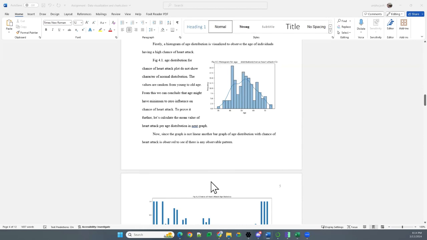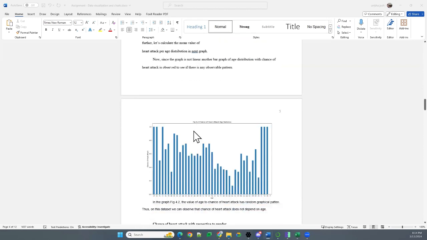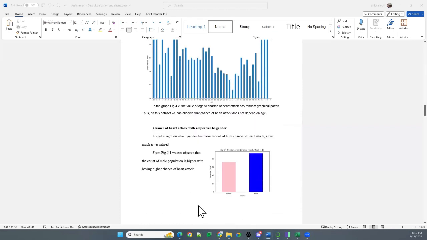To be clearer on this, I plotted another graph for the chance of heart attack for each age. Again, this graph has a random character, so we can say that heart attack is not related to age.